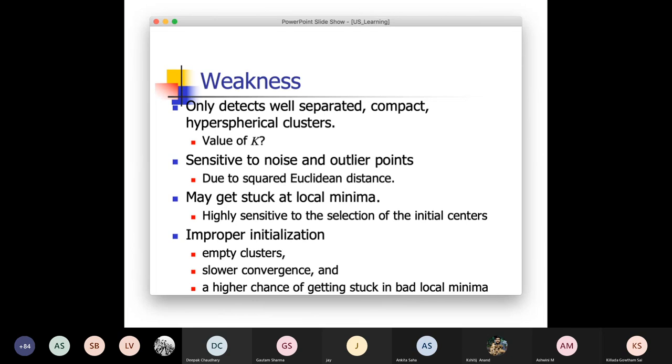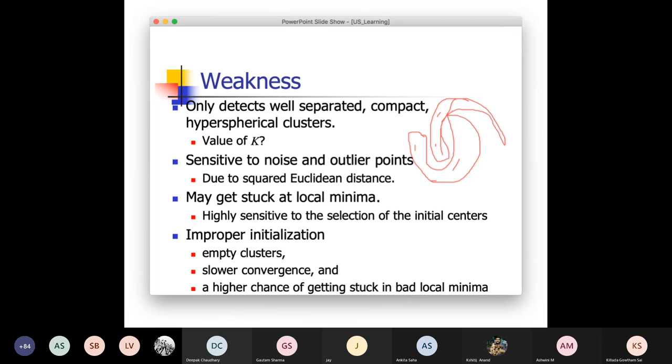Particularly, the cluster shape should be spherical. The problem of k-means is that it considers the shapes to be nearly convex, and spherical means nearly convex shapes. Say I have a distribution like this. Say this is my one cluster, this is my another cluster, and this is another cluster. I have chosen data points, and this is my ground truth, for example.